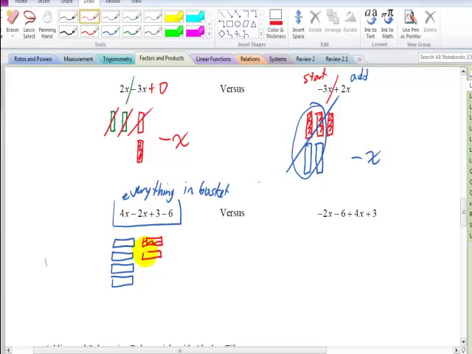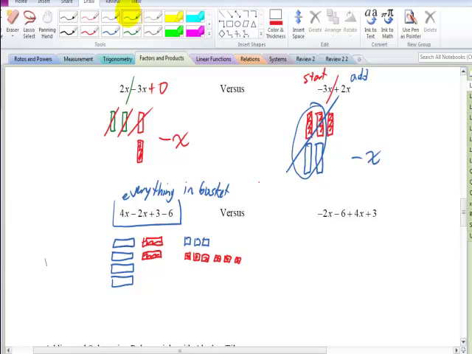And yes, I'm lining them up on purpose because they make 0 pairs. Okay. Draw a plus 3. And draw a negative 6.